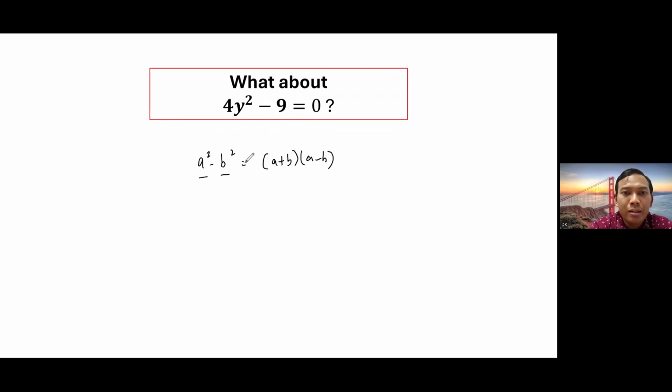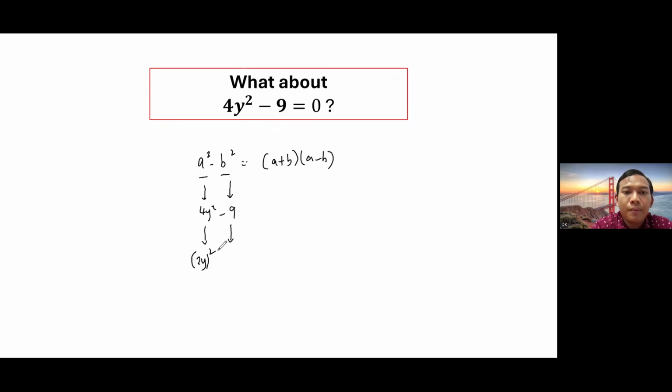So if we look back here, the 4y square is here, minus 9 is here, but it's not yet complete without making it into the bracketed quadratic form. So 4y square, you can break them up into 4, a square number. The square number is 2, 2 square will become 4. So y square, you have to square the y to become y square.